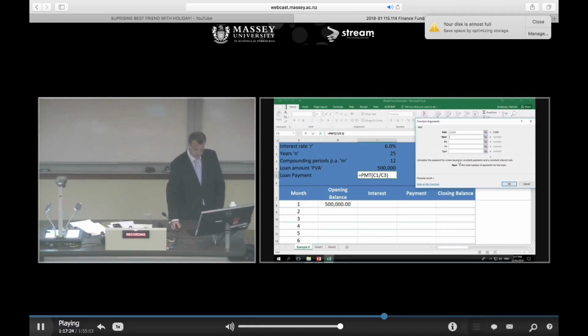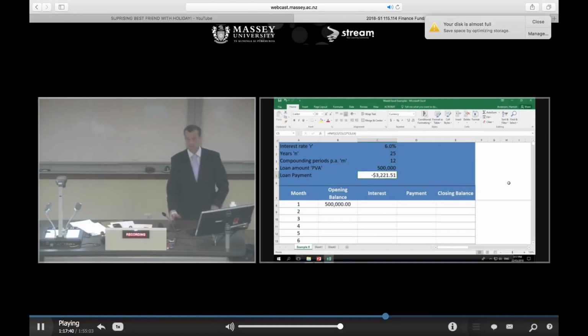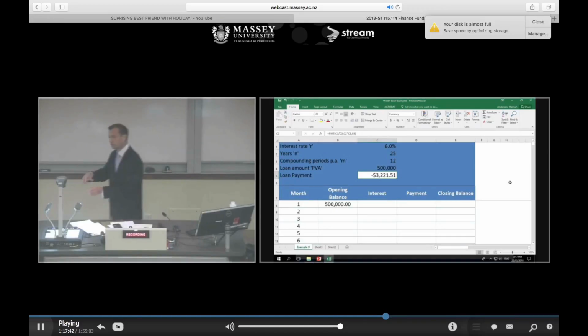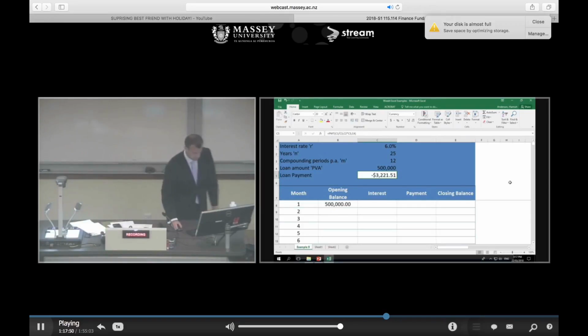N per, it says, is the total number of payments of the loan. So that's just like what we were working out before, 25 years times 12 gives us 300 payments, and this is what we're borrowing, $500,000. Remember I said about financial calculators, one of the weird things is some of it's positive, answer comes out negative, same thing with Excel. And in actual fact, this represents what's happening, right?